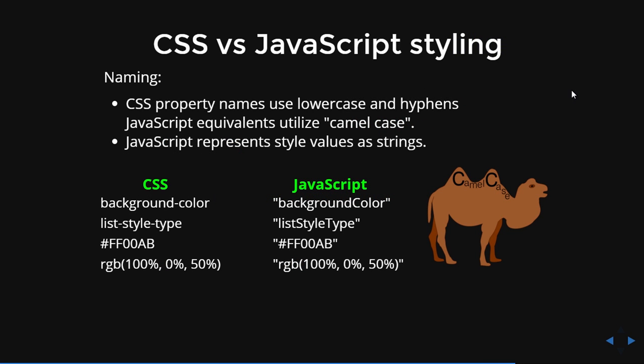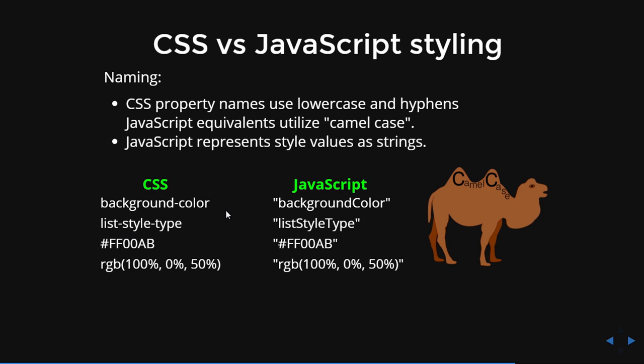I also need to point out to you that there's a little bit of a difference between how we express CSS properties and JavaScript properties on the styling object. We saw in CSS that we were using a background-color property, and there were also many other properties, and they're generally spelled with all lowercase letters and with dashes between the individual words.